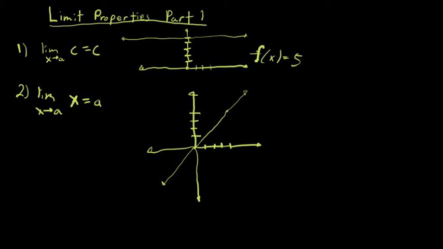So let's say we wanted to find the limit as x tended to 2 of x. Well, we approach 2 from the left. You can see f of x approaches 2, approach it from the right, still approaches 2, so that's equal to 2. And because f of x is going to take on the same values as x takes on, whatever x is going to get close to, f of x is going to get close to that same number. And that's all this property here is saying.